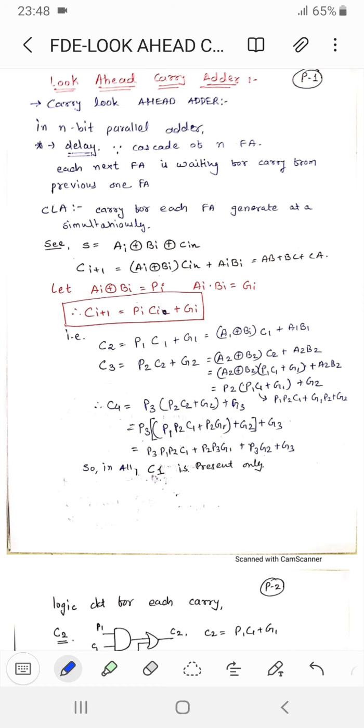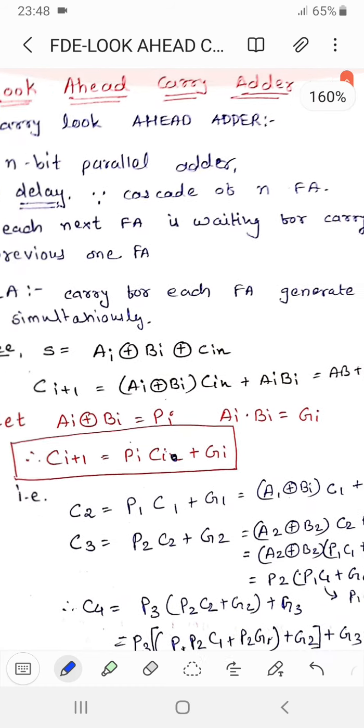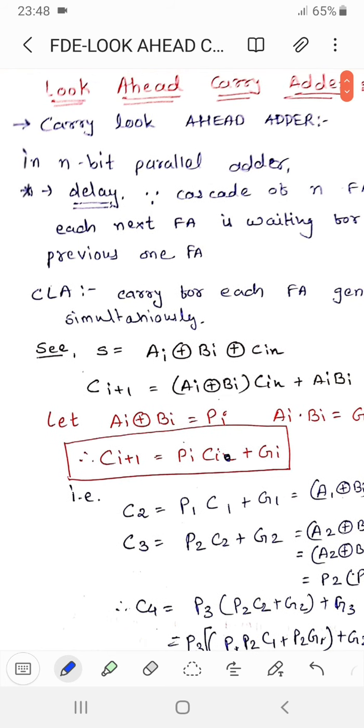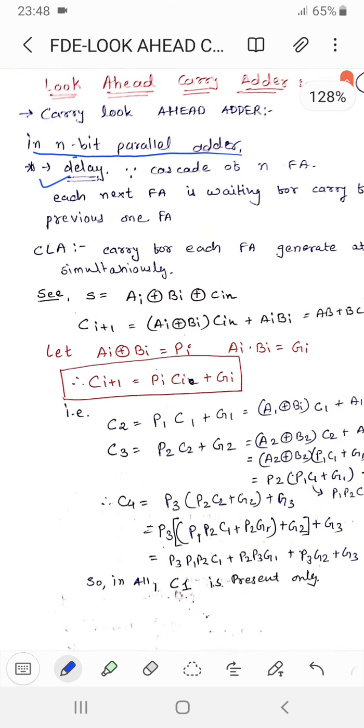Now in all these types of adders, whenever we are adding the bits of our binary numbers, there will be a delay. In an n-bit parallel adder there will be a delay because of the cascaded operation of n full adders.